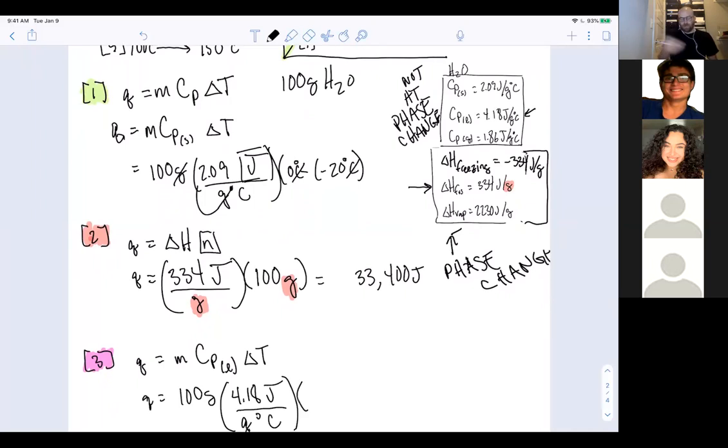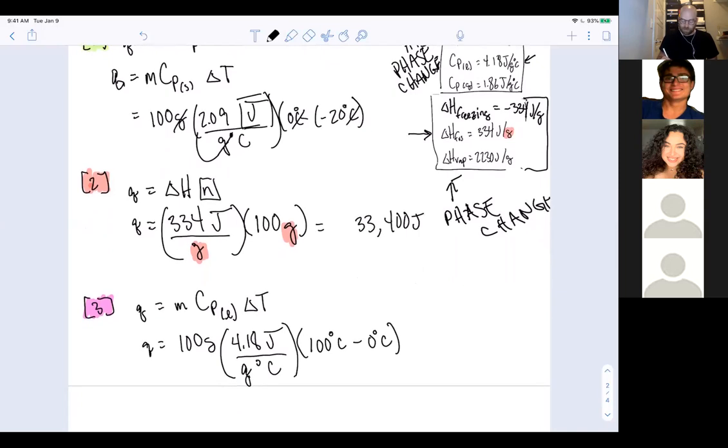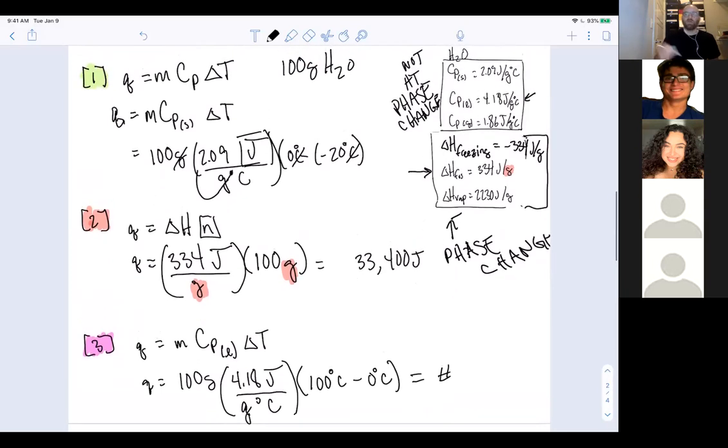So now that we're in the liquid phase, since we know we're going through the entire phase, our final temperature here is going to be 100 degrees Celsius. And our initial temperature is going to be 0 degrees Celsius. And then we just go through and calculate that and we get some number out of it. Okay, but the calculation is basically identical to what we did in 1.